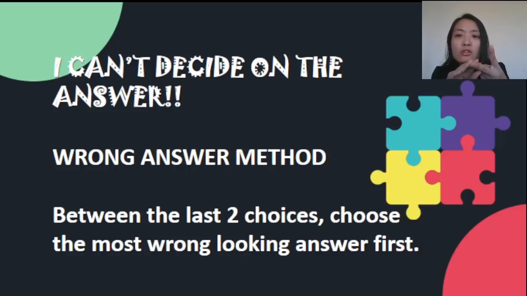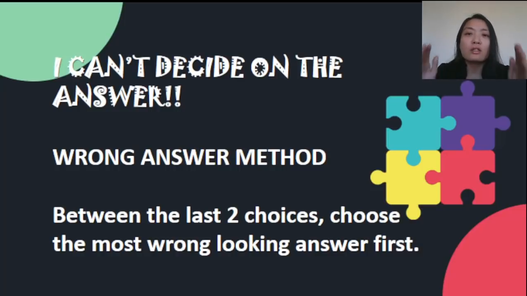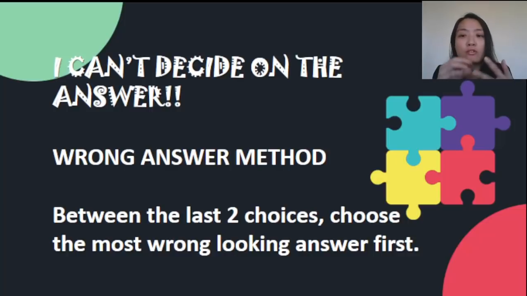So which one looks more wrong? Not which one looks more right. And then you will end up choosing the right one. Because both are going to look right to you. And the answer that looks more right to you may actually be the wrong answer, because they might have put a trap, a keyword there that may seem like the right answer.